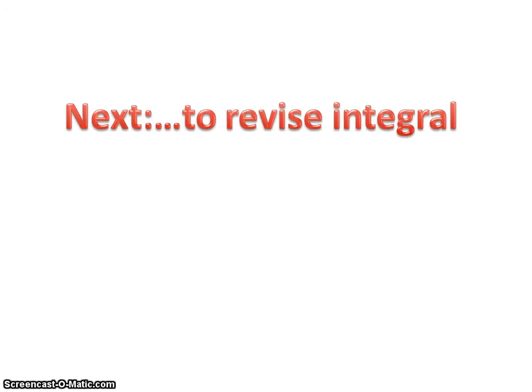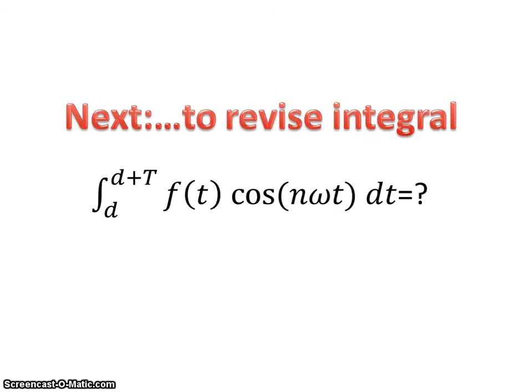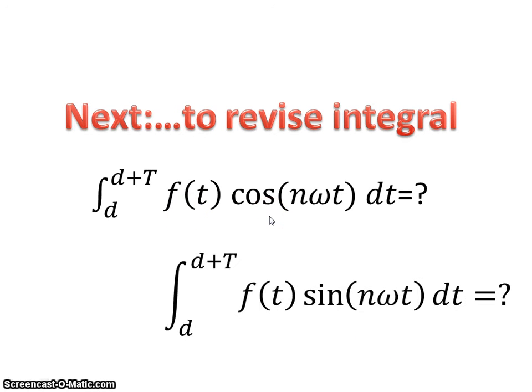Next, what we need to take care of is how to revise the integral, especially when we need to find the integral of f(t) cos n omega t dt, and also the integral of f(t) sin n omega t dt. Of course, the boundary here depends on which formula we are using.